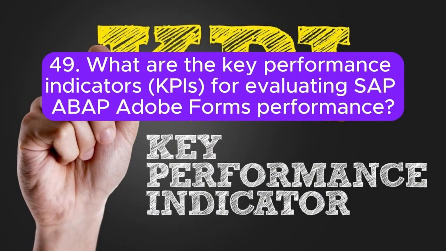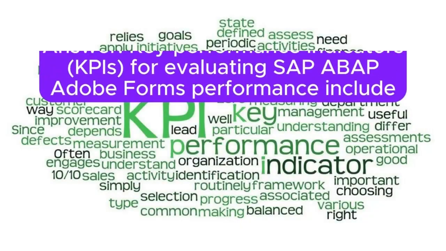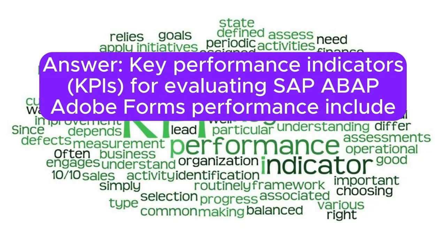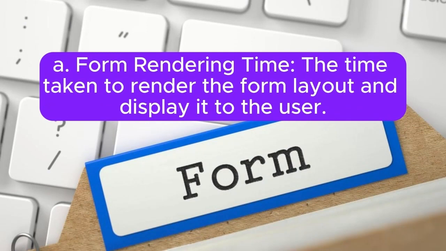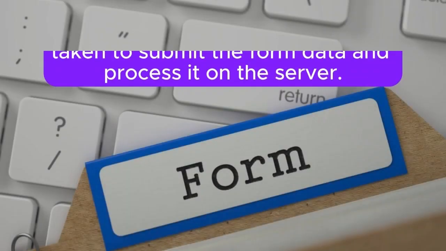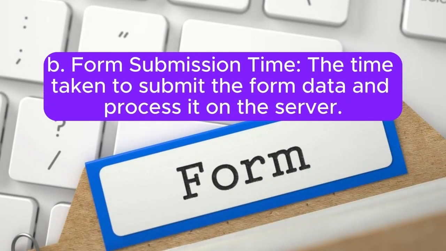49. What are the key performance indicators (KPIs) for evaluating SAP ABAP Adobe Forms performance? Answer. Key performance indicators (KPIs) for evaluating SAP ABAP Adobe Forms performance include A. Form rendering time. The time taken to render the form layout and display it to the user. B. Form submission time. The time taken to submit the form data and process it on the server.